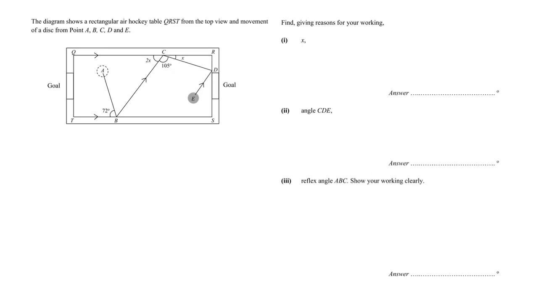Hello everyone, welcome to this question where we are given this diagram that represents a rectangular air hockey table, QRST, viewed from the top, and there's a disc that is moving from point A to E. Find, giving reasons for your working, the value of x.